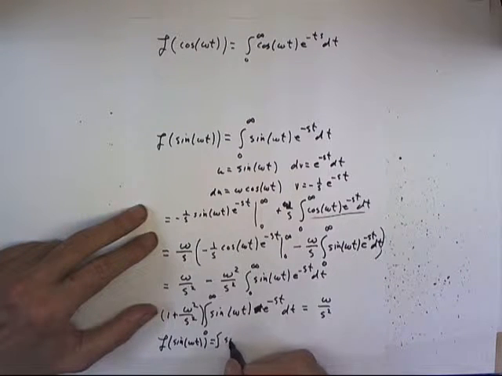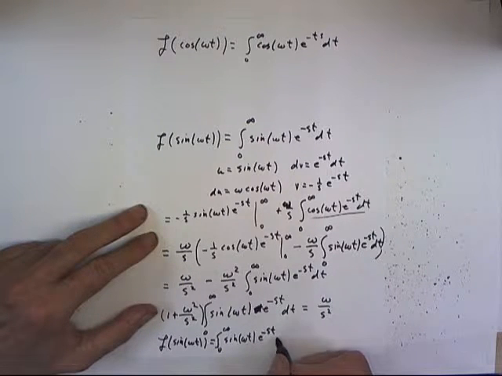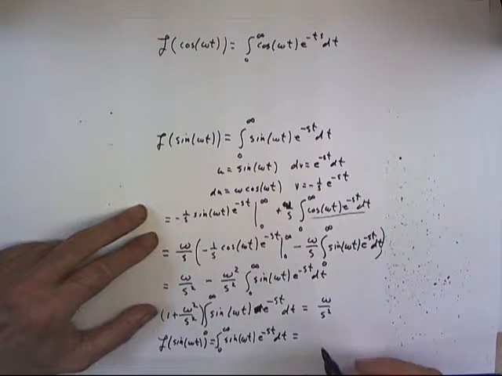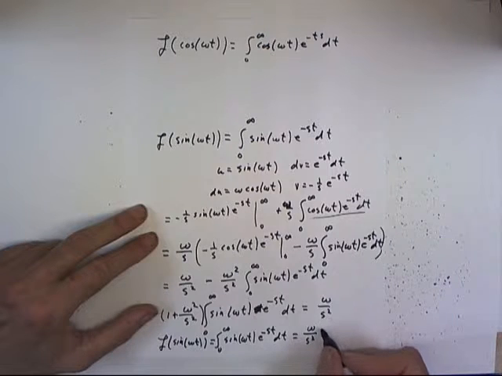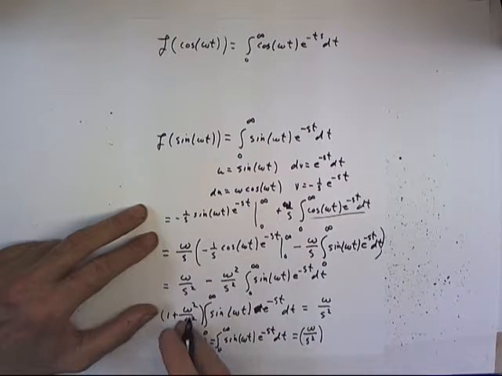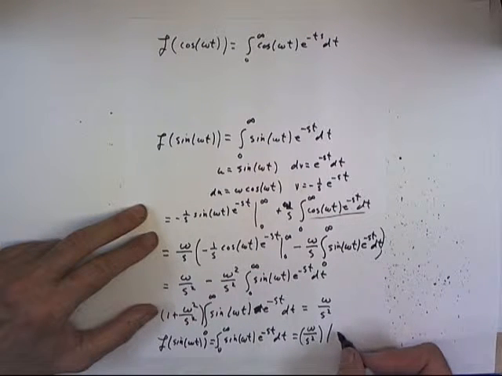to the integral from 0 to infinity sine of omega t e to the negative st dt, and that's going to equal omega over s squared divided by 1 plus omega squared over s squared.